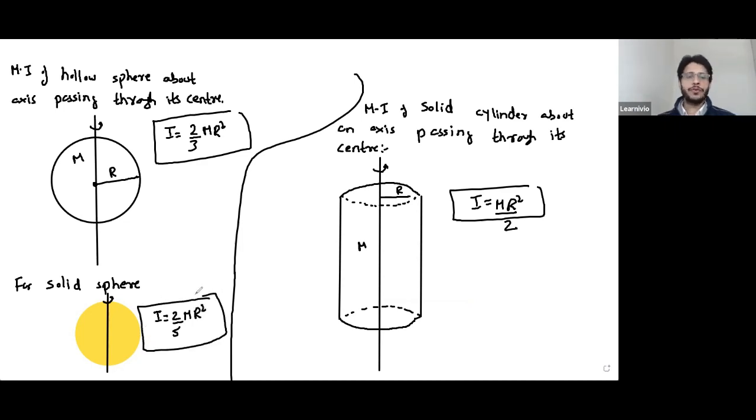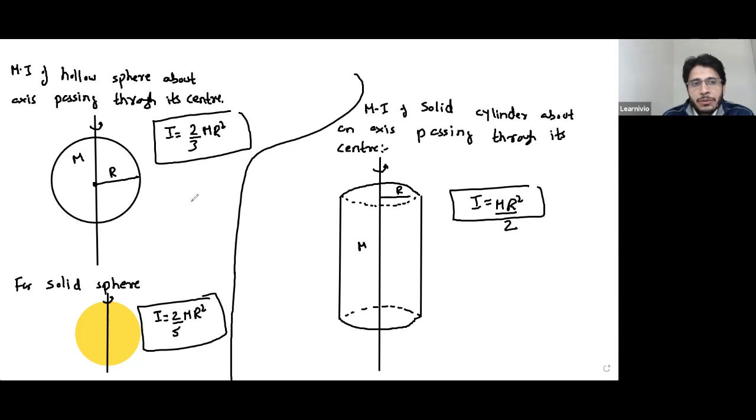So now, can you tell me which will rotate easily, the hollow sphere or the solid sphere? The sphere which has lesser moment of inertia will rotate easily.